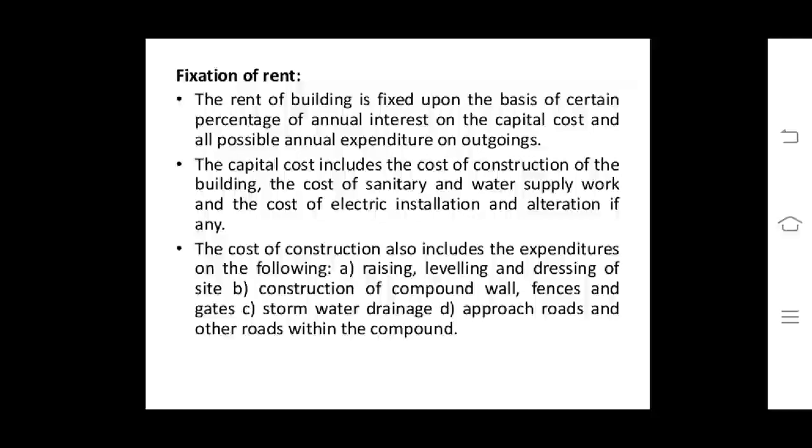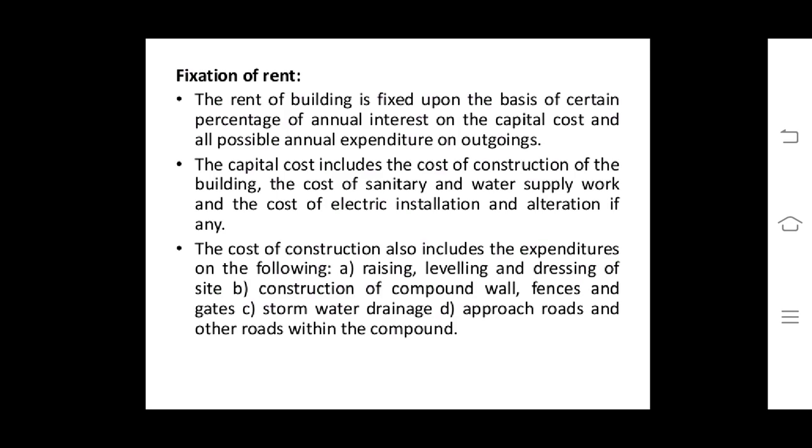Fixation of rent. The rent of building is fixed upon the basis of certain percentage of annual interest on the capital cost and all possible annual expenditures on outgoings. The capital cost includes the cost of construction of the building, the cost of sanitary and water supply work, and cost of electric installation and alteration if any.